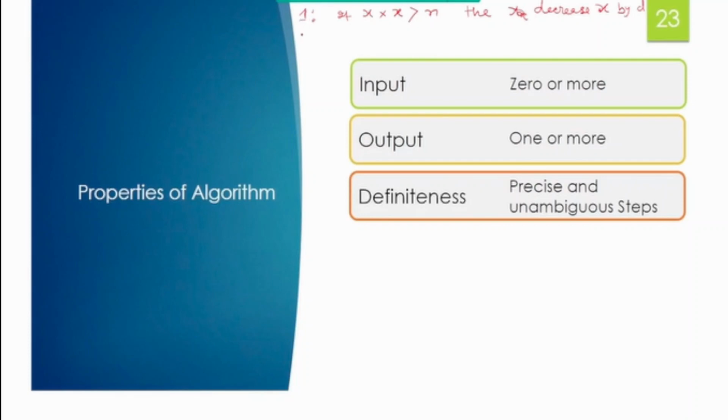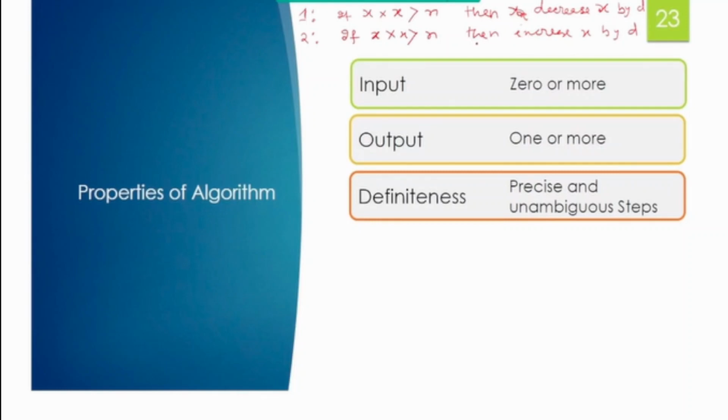Now in the same algorithm, in step 2, I add another line: if x into x is greater than n, then increase x by d. So what will happen? For the same condition, x into x greater than n, once I am saying decrease x by d, and in the next step I am saying increase x by d.